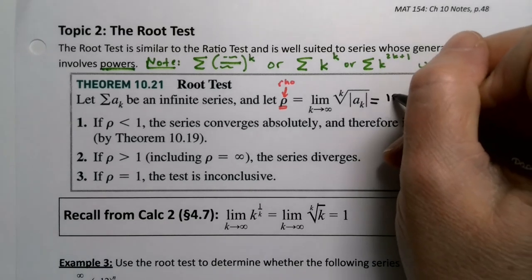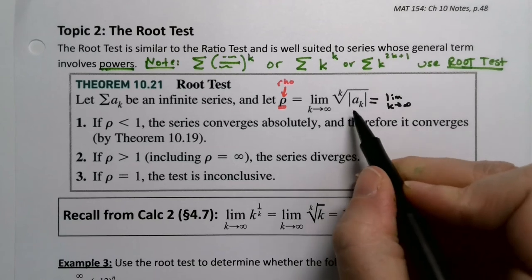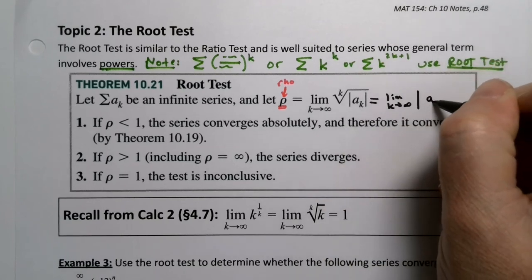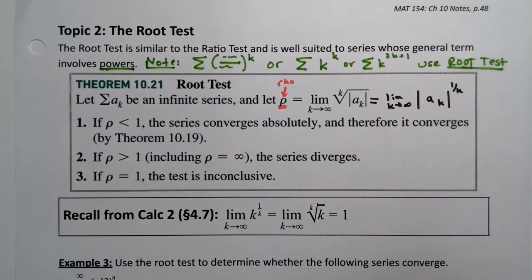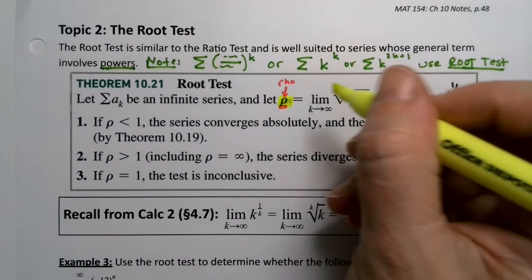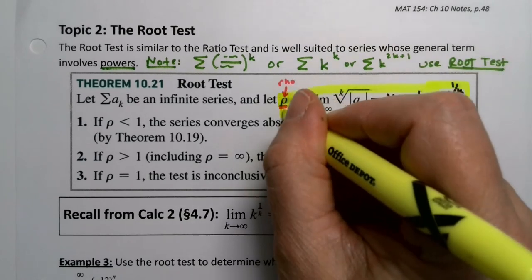So that would be equal to the limit as k goes to infinity. And we honestly don't write the root very often. We write it at the first step because it's a sub k to the 1 over k power, because the kth root is the 1 over k power. That is what rho is. Now we interpret rho in the same way that we interpreted r.